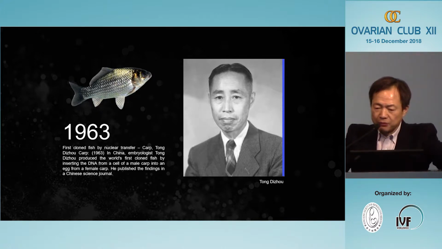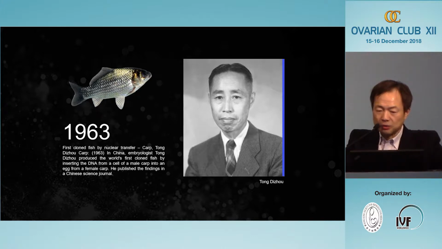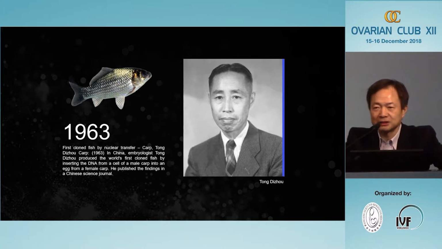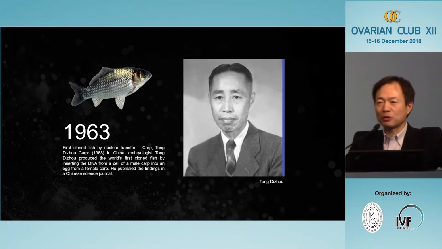Unfortunately, in the world, nobody really knew much about this study, because 1963, I don't know how many people here are familiar with contemporary Chinese history, was a period of the great cultural revolution.